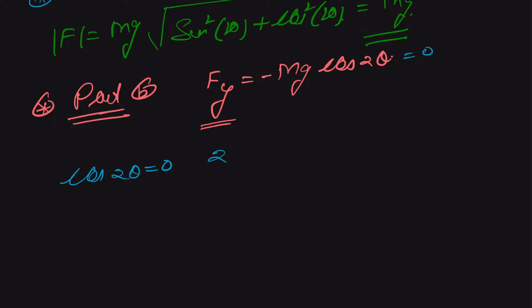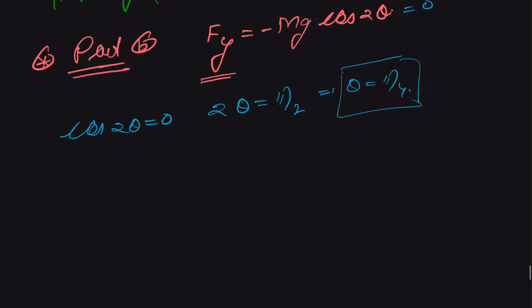It's a simple trigonometric now. This gives 2 theta equal to pi by 2, or we can say theta is equal to pi by 4. So when the stick is making an angle of theta with the horizontal and theta equals pi by 4, the vertical component vanishes. Okay, it becomes equal to 0. So this was the basic question.